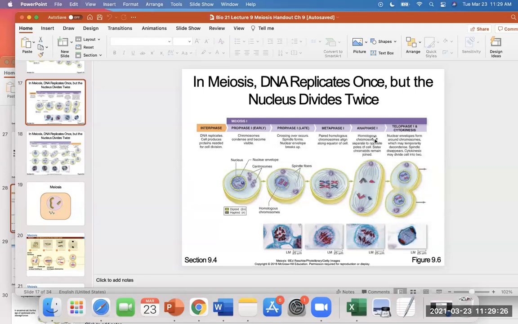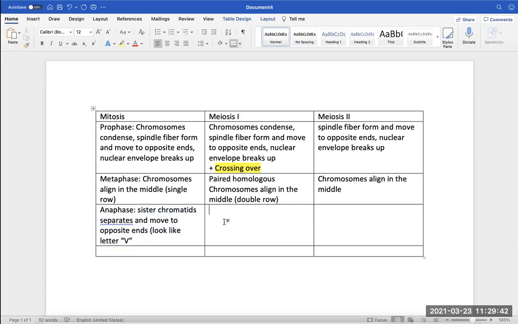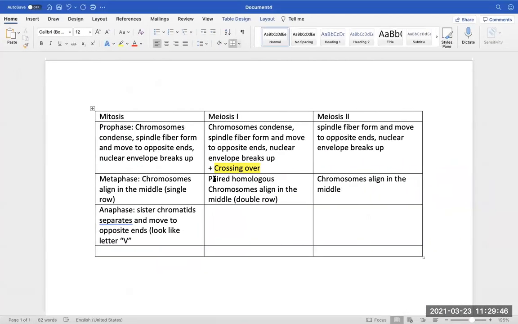So they're homologous chromosomes. They separate to opposite poles. Sister chromatids remain joined. They don't break yet. You still have the X. So actually, I'm just going to type it. So I'm going to say homologous chromosomes move to the opposite ends.